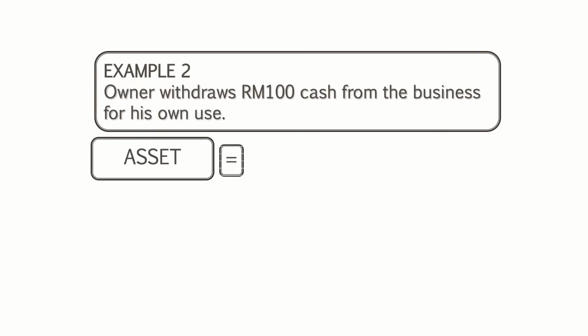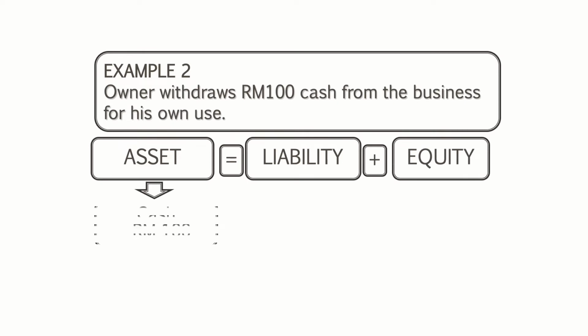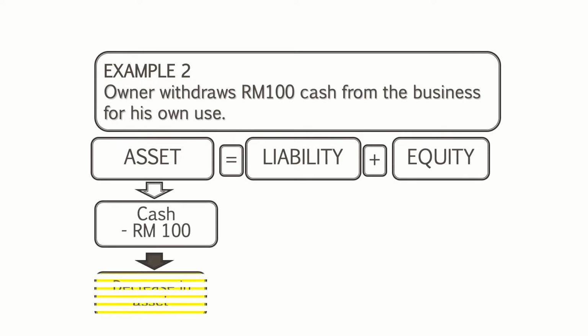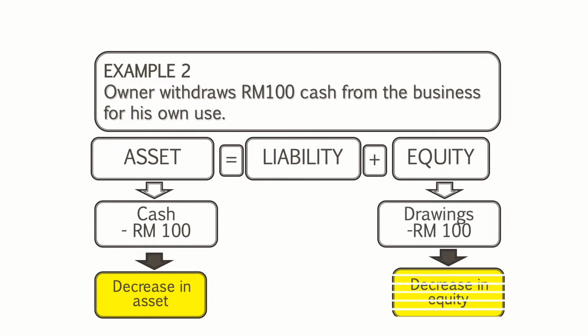So we have to minus 100 from the asset part under the item cash. At the same time, in the equity part, we have to minus RM 100 under the title drawings. From this transaction, we can see that a decrease in asset will decrease equity also.